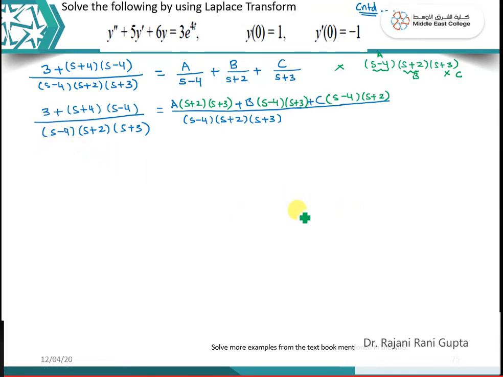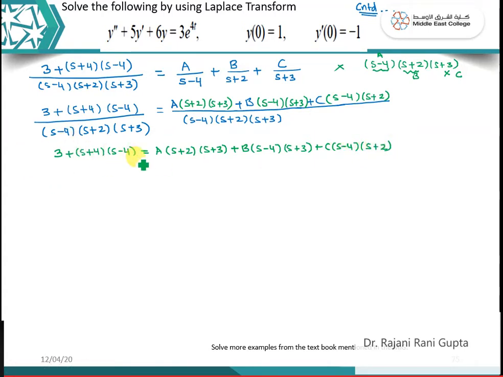So here we will get, comparing the numerators, 3 plus s plus 4 s minus 4 equals a times s plus 2 s plus 3 plus b times s minus 4 s plus 3 plus c times s minus 4 s plus 2.